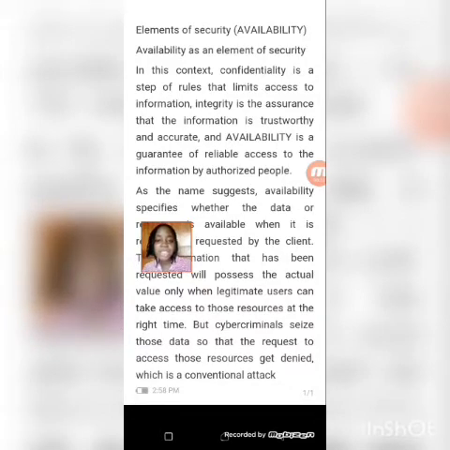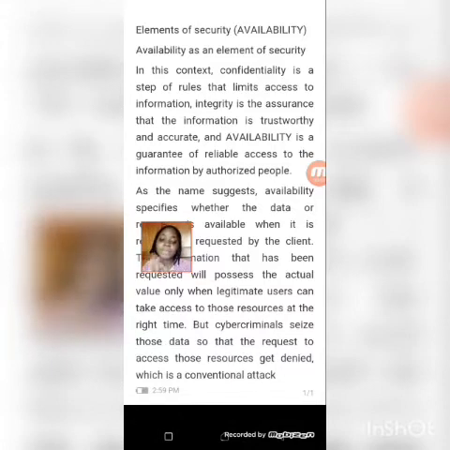Confidentiality is a set of rules that limits access to information. Remember I said confidentiality is when you don't say certain things. You're not supposed to leak out certain secrets.